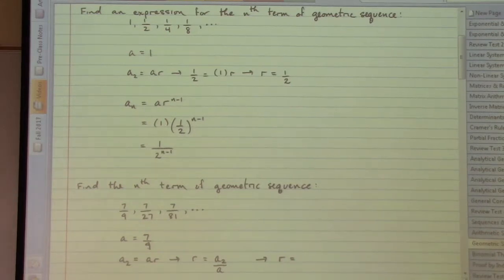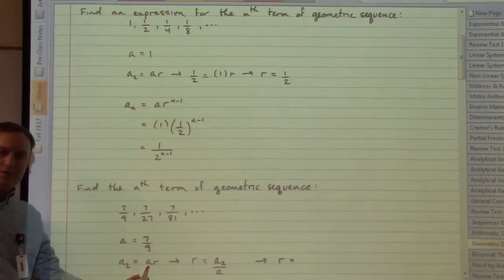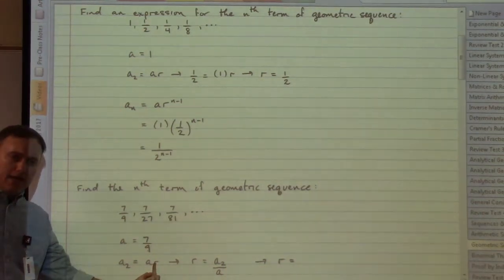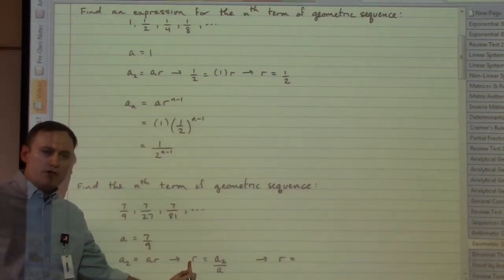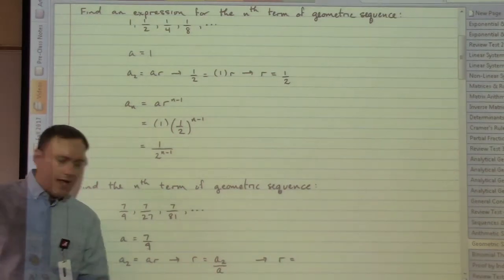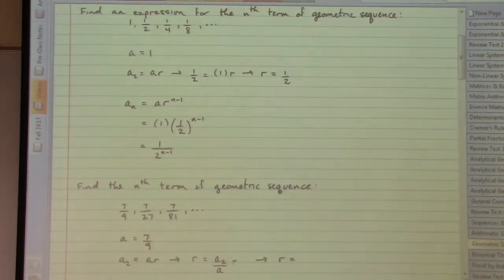The common ratio is going to show up when I take the first term, 7 over 9, multiply by that common ratio, and get my second term. Well, since I don't know the common ratio, I do a little bit of division and come up with a way of calculating that. First term needs to be divided into the second term.